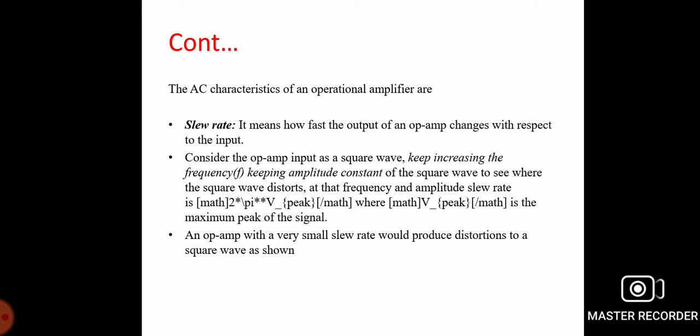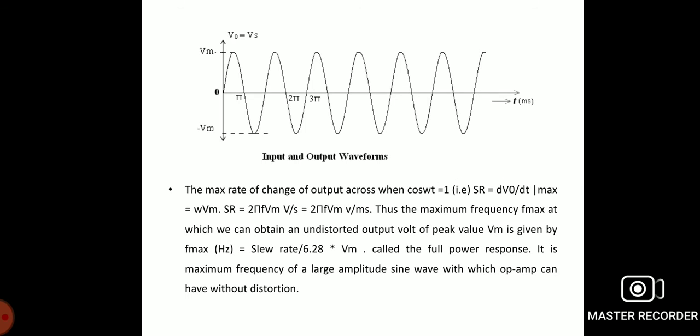Now we can see the input and output waveform, that is the frequency response. The maximum rate of change of output occurs when cos omega t is equal to 1. Therefore, SR is equal to dV0 divided by dt at maximum, which is equal to 2 pi f Vm volts per microsecond.